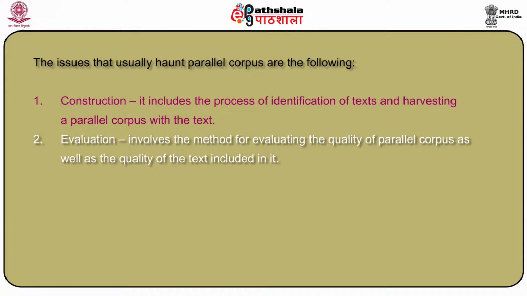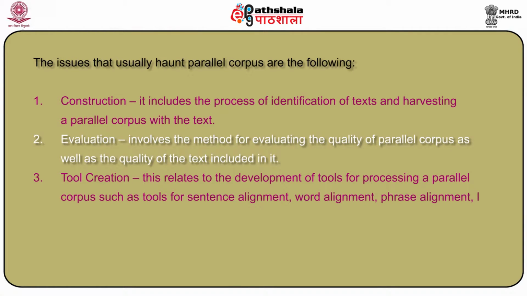It also involves the question of tool creation. This relates to the development of tools for processing a parallel corpus, such as tools for sentence alignment, word alignment, phrase alignment, lexical equivalent extraction, and detection of omissions and gaps in translations and others.